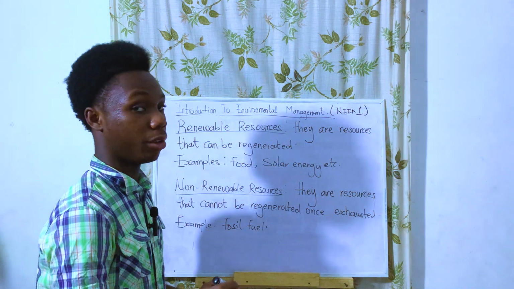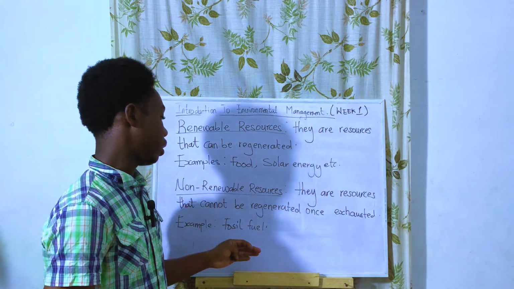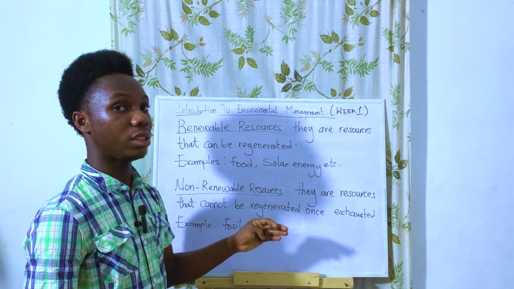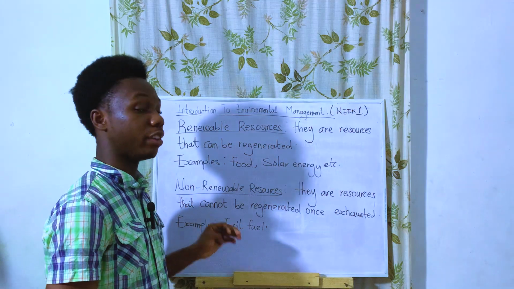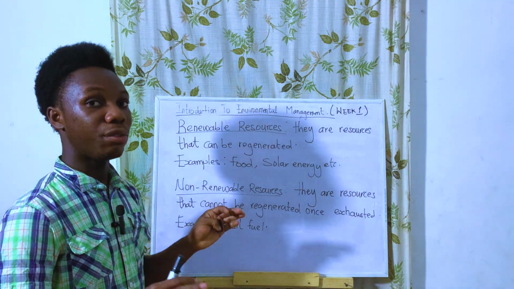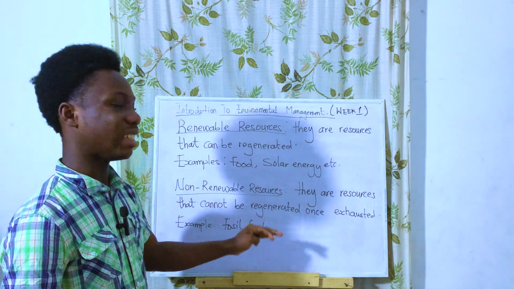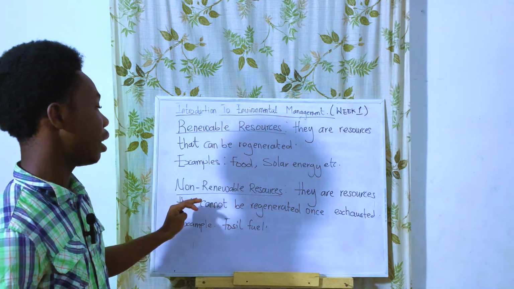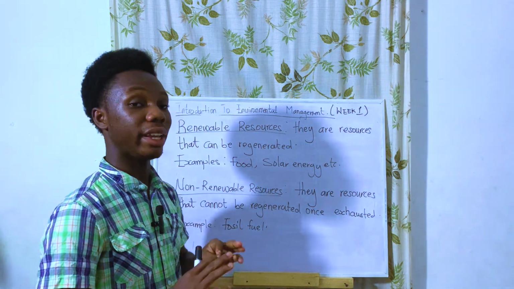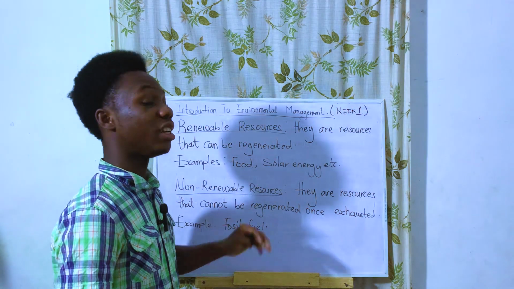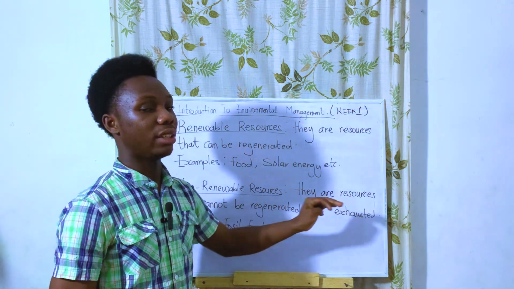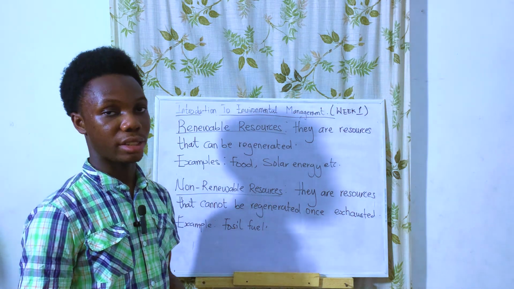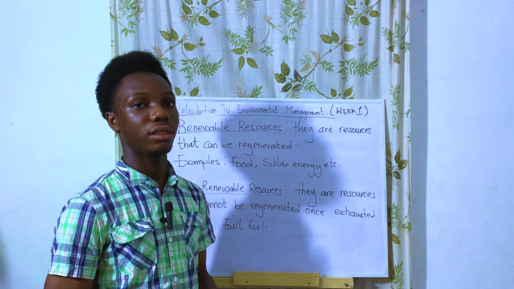Cars use fuel, right? When a driver goes to the petrol station or a fuel station to purchase fuel, once the fuel in the car finishes or gets exhausted, it can't be renewed. So it becomes a non-renewable resource. They can't be renewed or regenerated once used or exhausted. Please, do you understand?